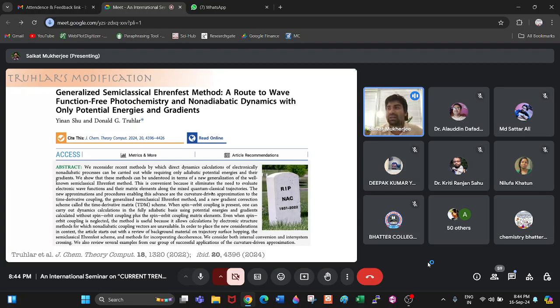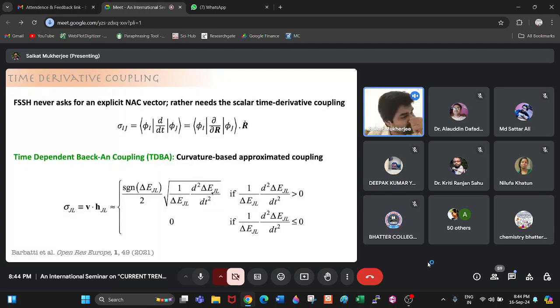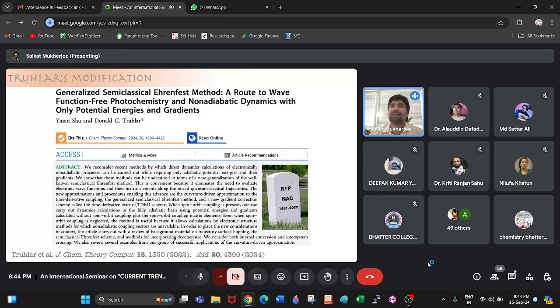We published it in 2021, and again Truhlar picked up this method and modified it, and now he is saying non-adiabatic dynamics without non-adiabatic coupling. So only potential energies and gradients are required. He is now saying RIP, non-adiabatic coupling. We do not require non-adiabatic coupling anymore. Okay, nice.